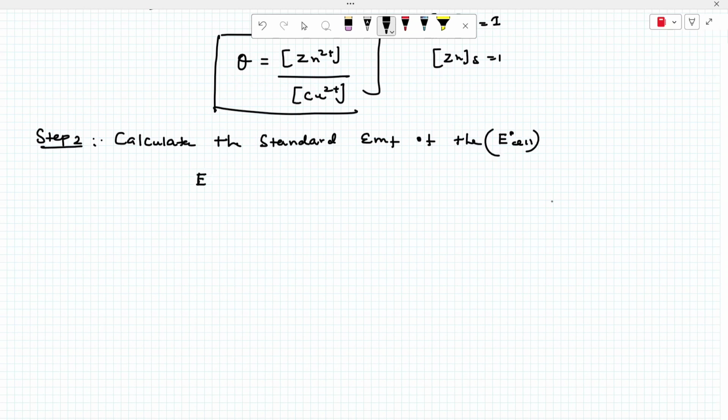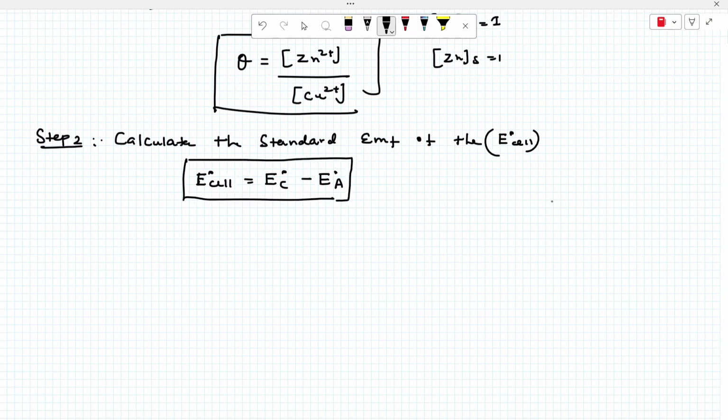That is E naught cell, that is E naught cathode (right side) minus E naught anode. Again, I'm telling, listen: in the EMF formula, both cathode and anode should be SRP. Again, I'm telling, SRP. Simple, right?